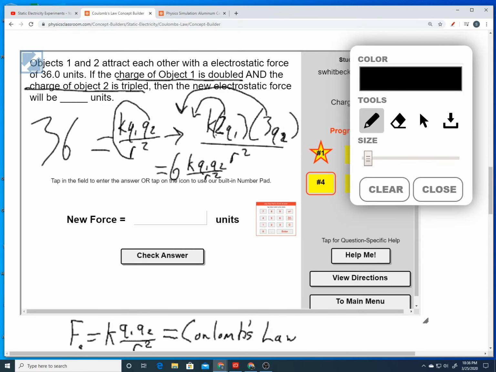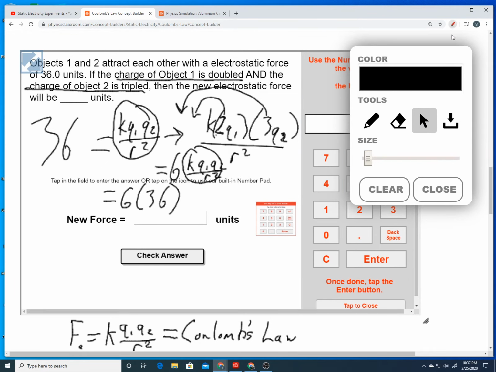Now this K Q1 Q2 over radius squared was equal to 36. So what I'm going to get here is 6 times 36 if I do this to my units. And I personally do not have 6 times 36 memorized.